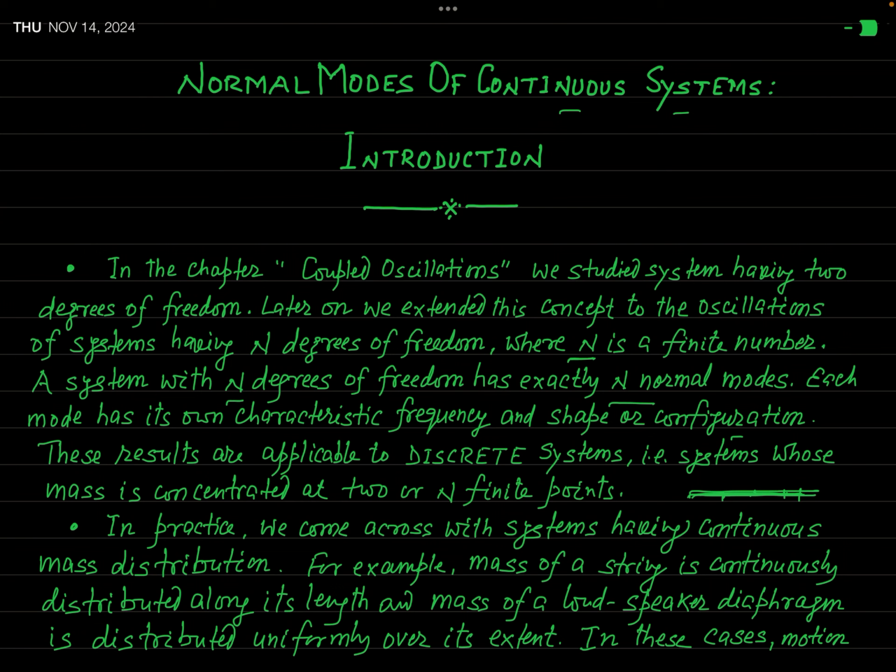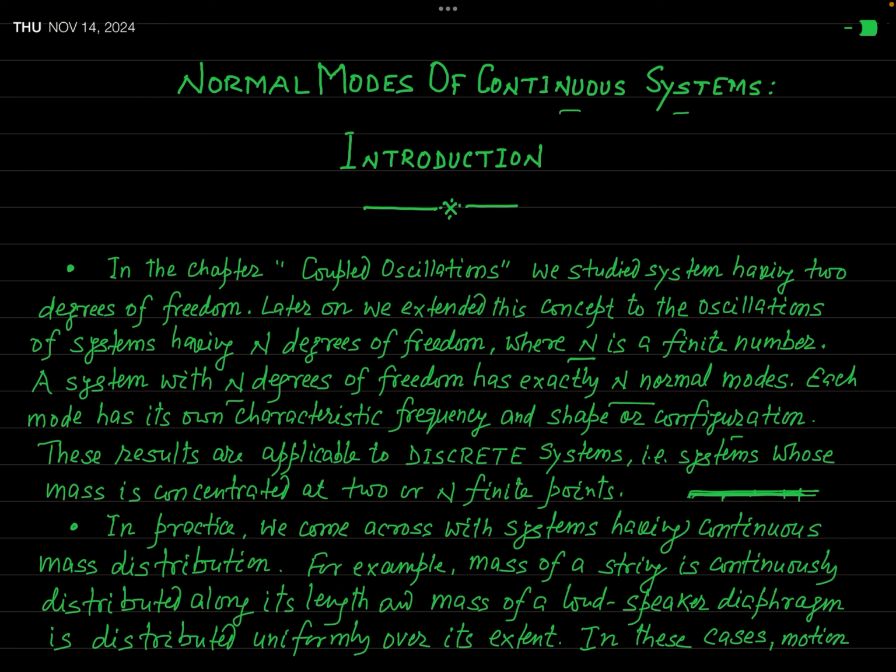In numerical problems, we will also see problems related to a string with non-uniform mass distribution. But in general, you take a string whose mass is not concentrated at particular points, but is distributed uniformly along the length of the string, and so it is called a continuous mass distribution. Okay?